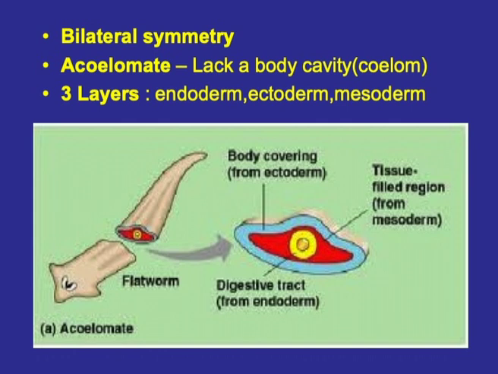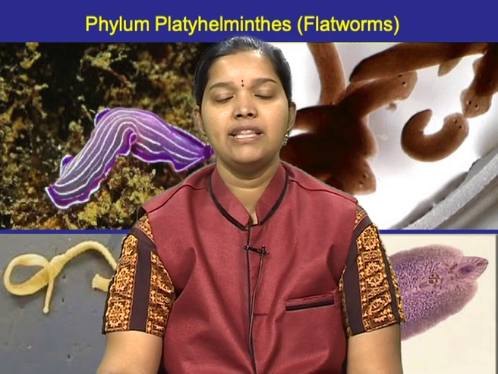The third characteristic is that they have three germ layers: ectoderm, mesoderm and endoderm. The outer layers of the organism originate from ectoderm, the inner tissues originate from mesoderm and the digestive tract originates from endoderm.